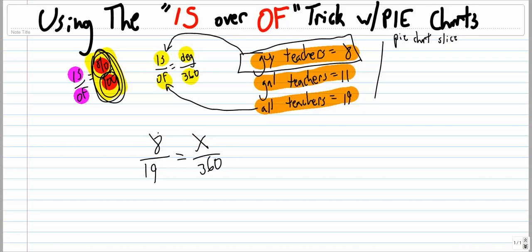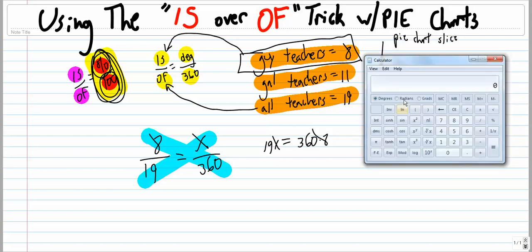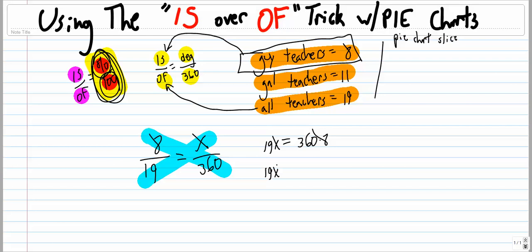All I have to do then is my bow tie thing, my cross multiplying, and I wind up with 19x equals 360 times 8. The 360 times 8 gives me 2880. So 19x equals 2880.